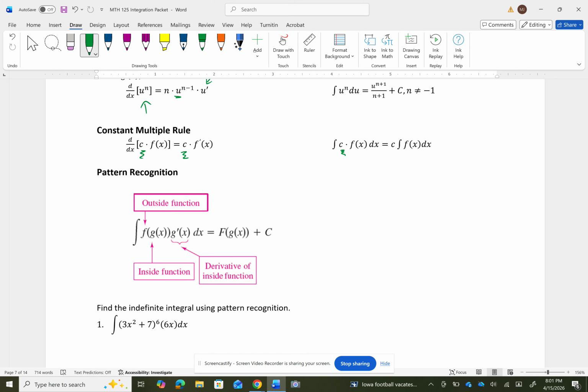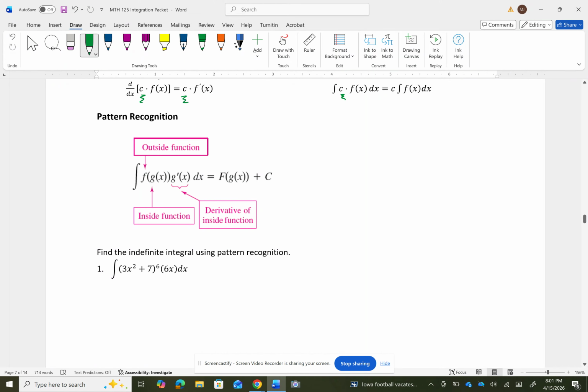As we're looking at this, this g prime of x dx, this whole part right here, that is the du.